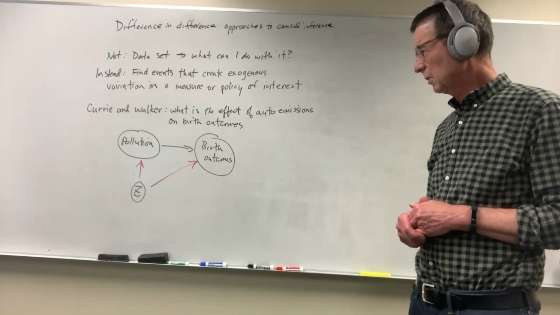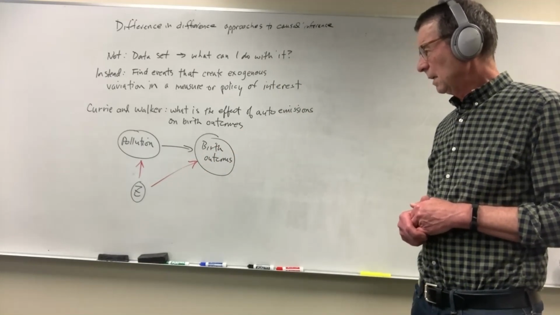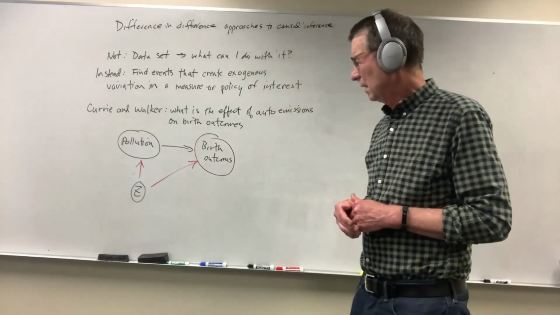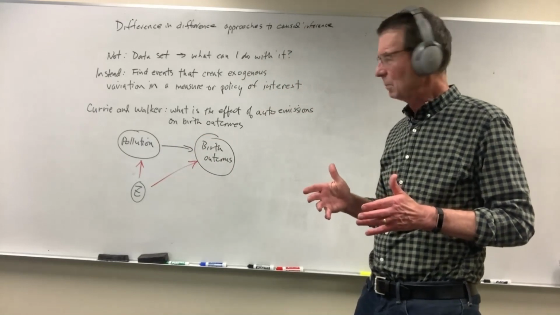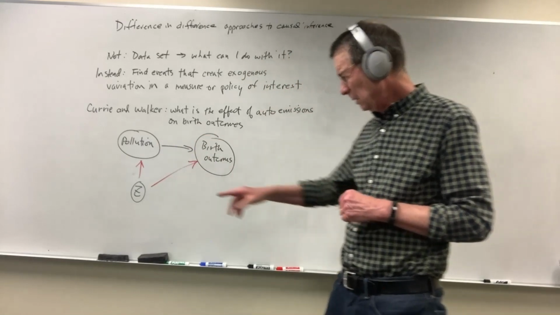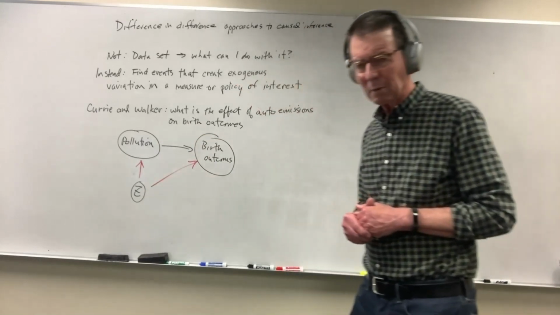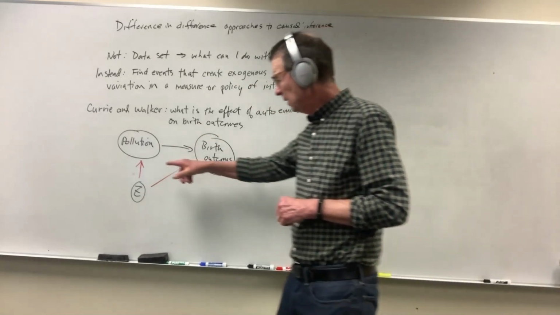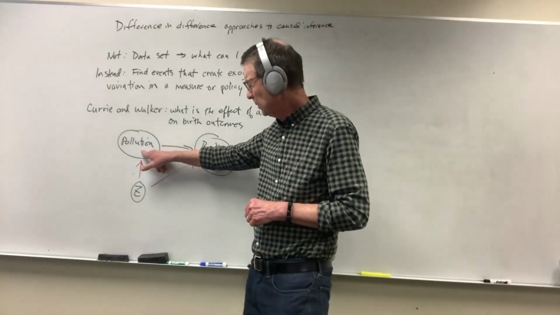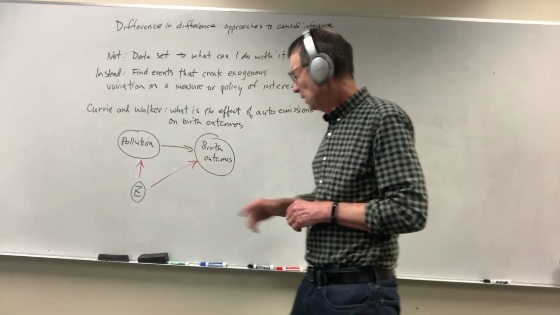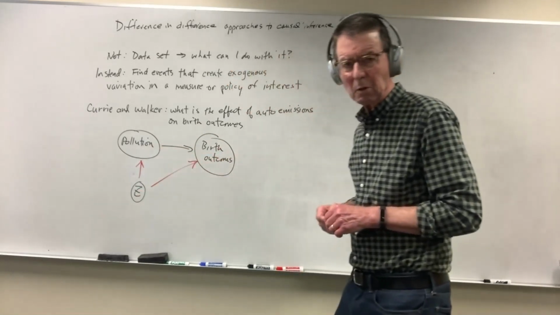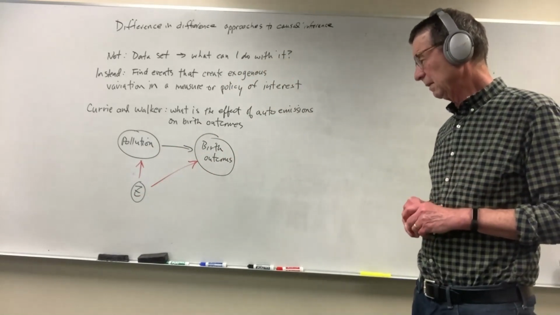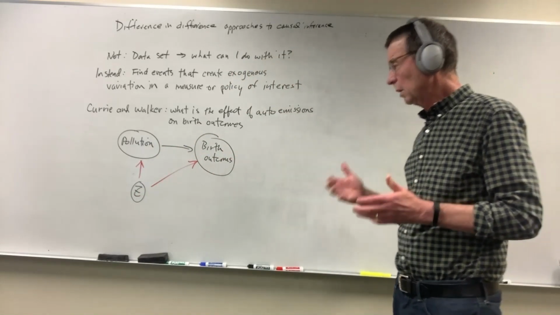Now, if you have just a cross-section of data, it's going to be really hard, if you regress birth outcomes on pollution, to be very confident that that's a causal estimate, right? Because there are all sorts of omitted variables, these Z variables down here, that might lead people to be living in neighborhoods that have particularly high levels of pollution, and that might also be producing birth outcomes. So structural kinds of issues restrict where people live.